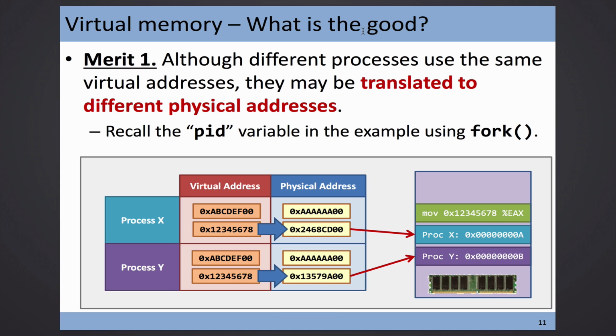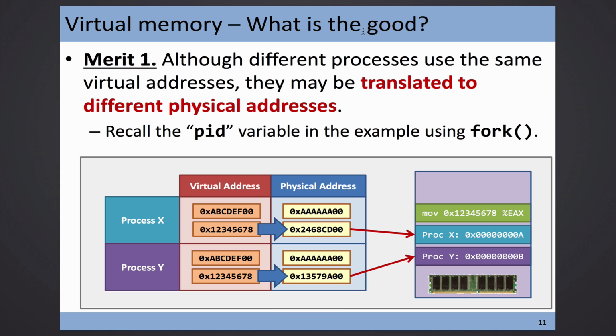And what is the reason? We have multiple processes running at the same time. We cannot let multiple processes access the same previously allocated memory, from process X to process Y. We cannot share them. You cannot let one memory store two different values.